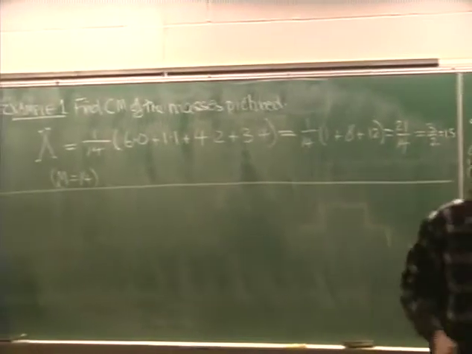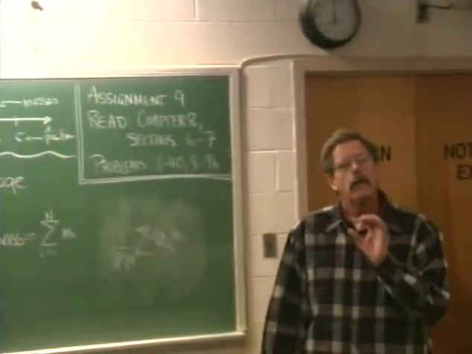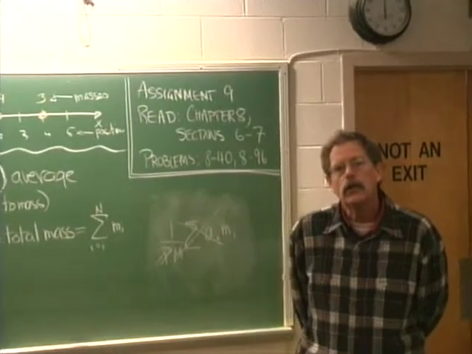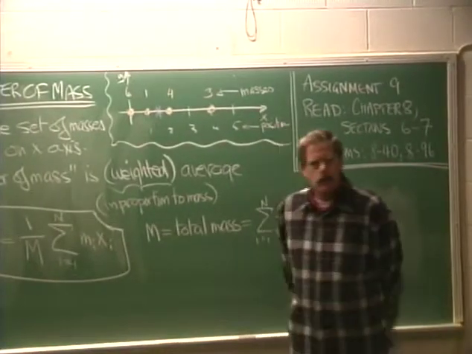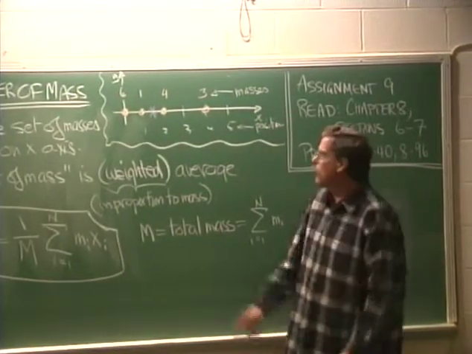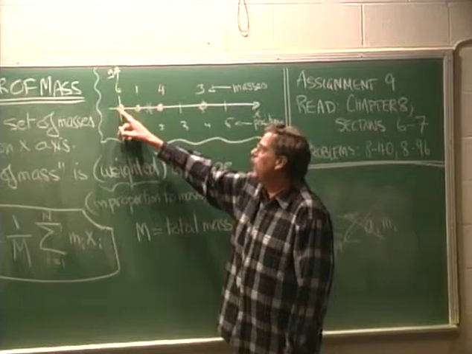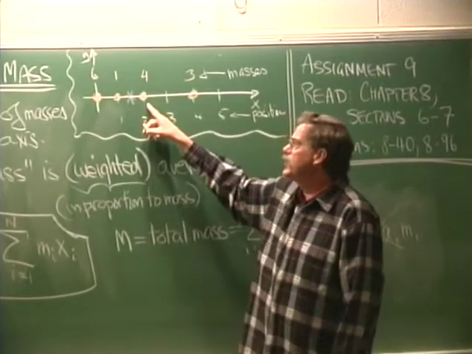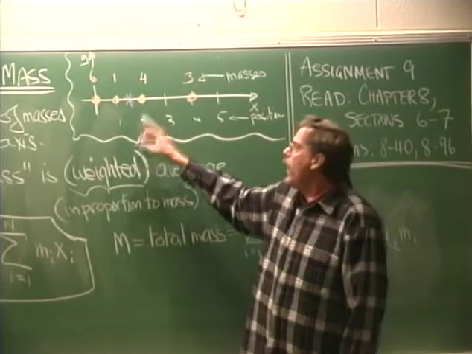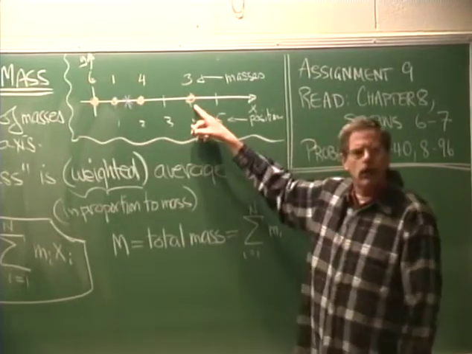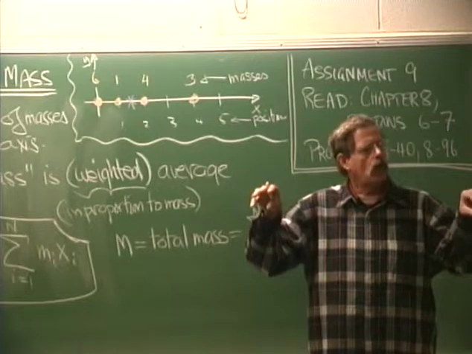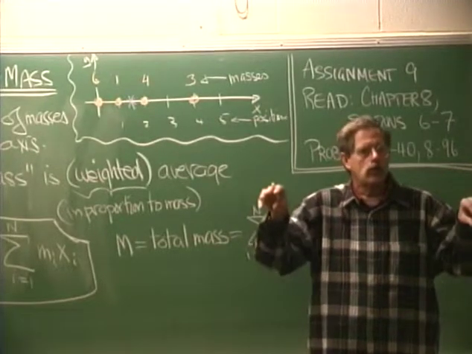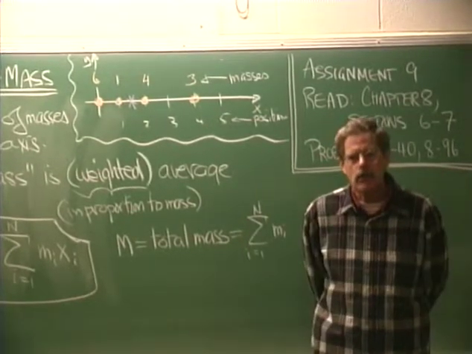Let me show you a trick, I don't know whether this is or not, but a convenient fact about calculating centers of mass, and that is that you can collect them in subparts if you want to. For example, I'm going to find first the center of mass of the 6 and the 4 alone, and then I'm going to find the center of mass of the 1 and the 3 alone, and then I'm going to treat the whole thing as though I just had 2 masses at those 2 locations and get the center of mass of the whole thing.